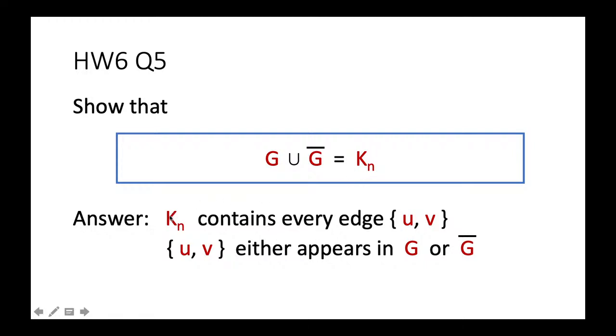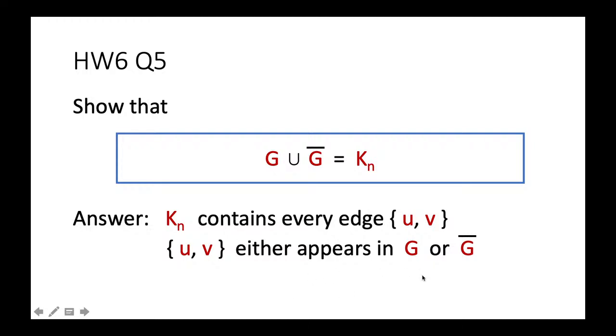So first of all, we can see that the complete graph will contain every edge between any two vertices u and v. On the other hand, this edge uv will either appear in G or the complement of G. If it appears in G, done.